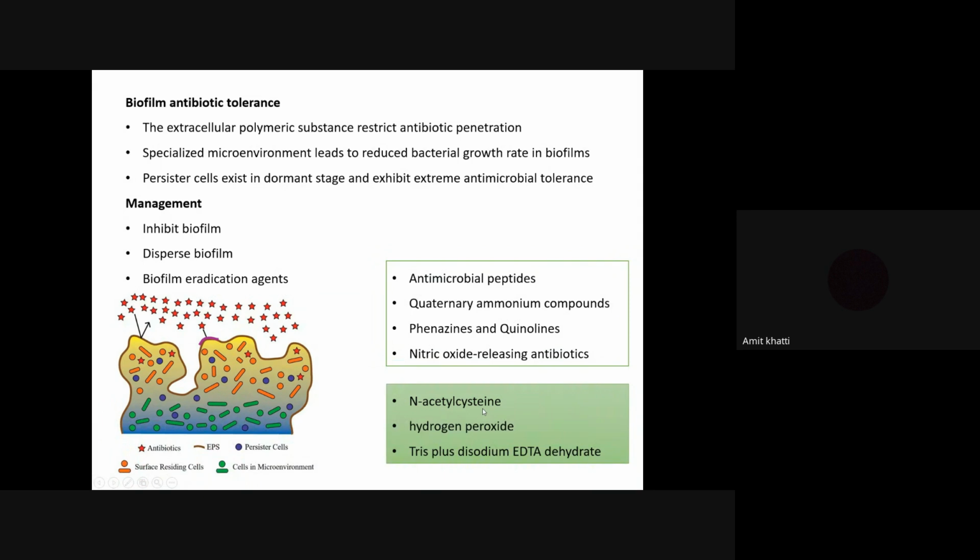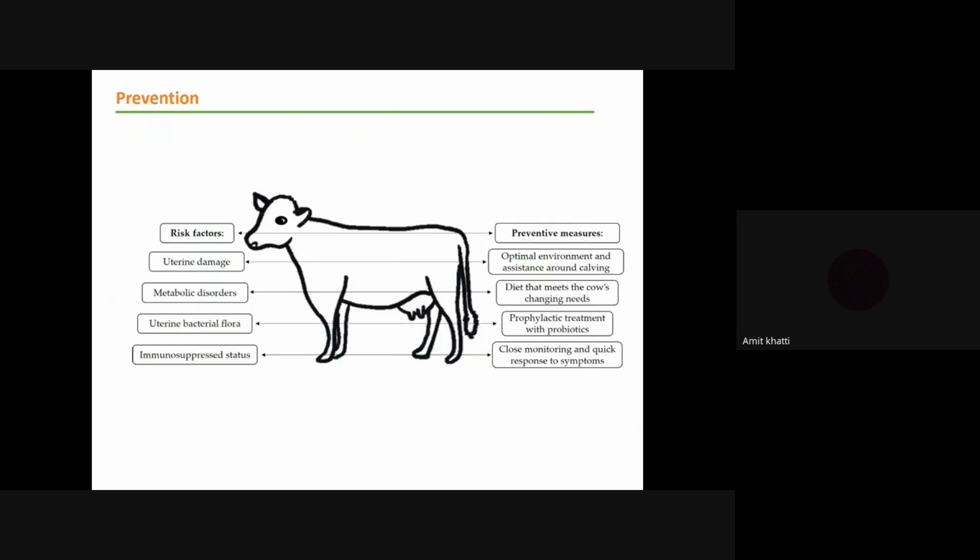You can add the antibiotic preparation with 3.3% N-acetylcysteine in 30 ml volume. Obviously, if a biofilm issue is there, it will be resolved, and surely you will succeed in curing the uterine infection.